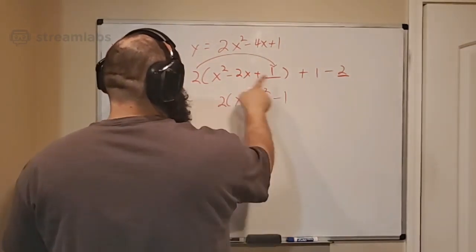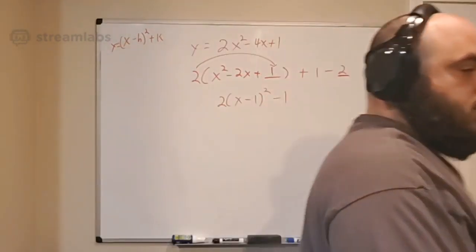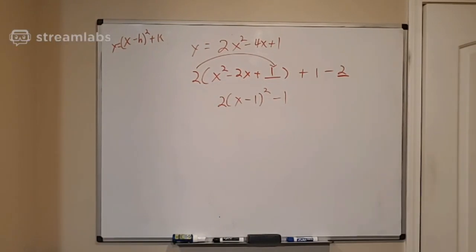So if I've added positive 2, if I were to multiply that out, I actually have to go back in and subtract 2 to cancel that out. Does that make sense, Abby? Yeah. Okay.